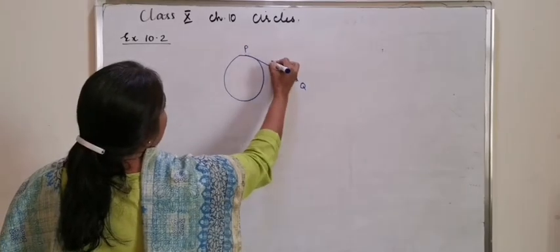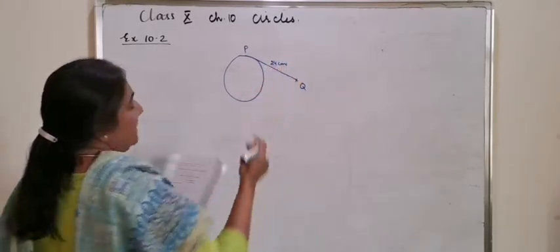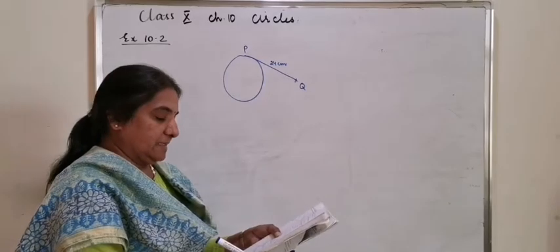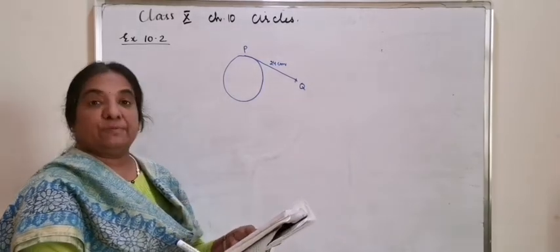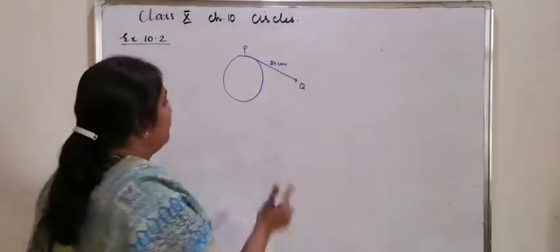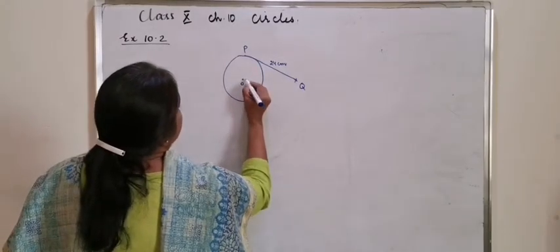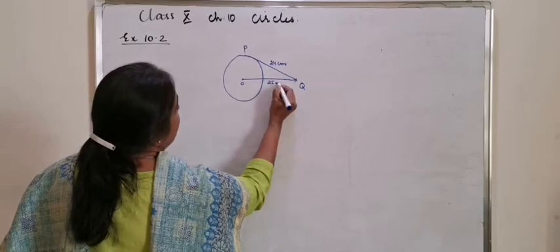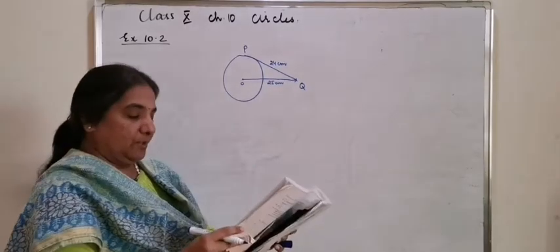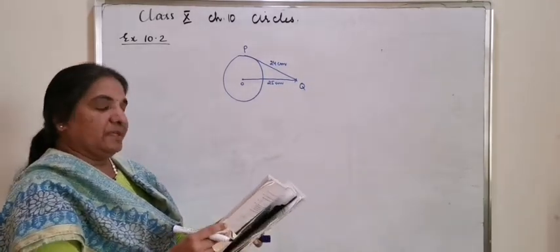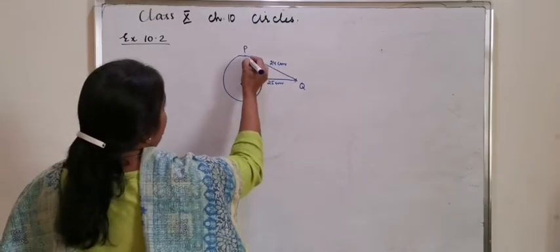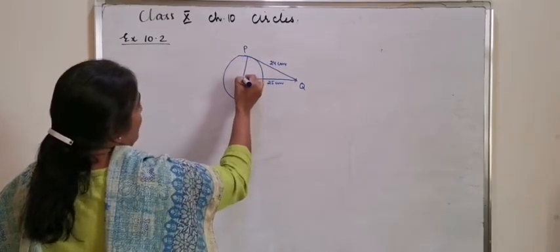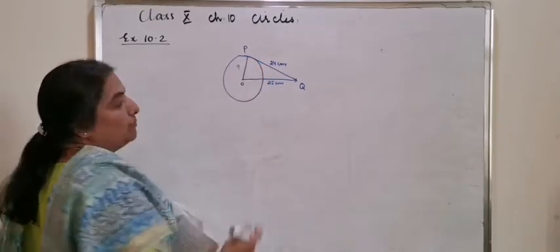So let PQ represent the tangent, 24 centimeters, and the distance of Q from the center is 25. It shows that OQ is equal to 25 centimeters. The radius of the circle has to be found out. That is, you have to find the length of OP.